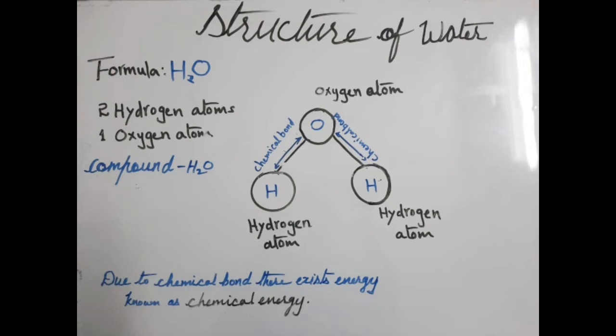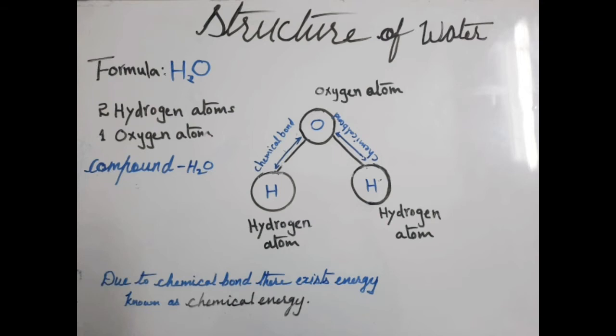We know a single molecule of water is made up of one oxygen atom and two hydrogen atoms. Here, one hydrogen atom joined with the oxygen atom is known as a chemical bond. Due to the chemical bond between the oxygen atom and hydrogen atom, there exists energy.